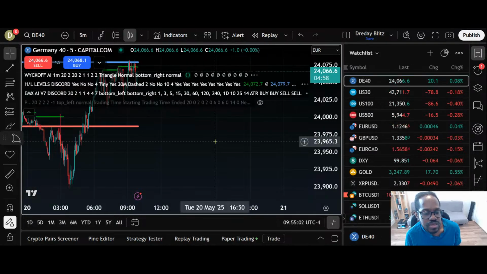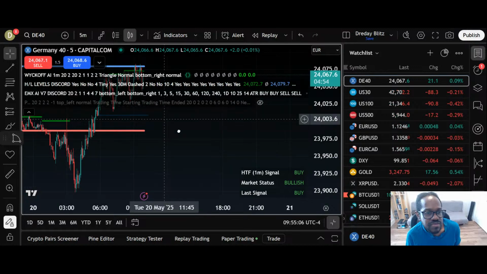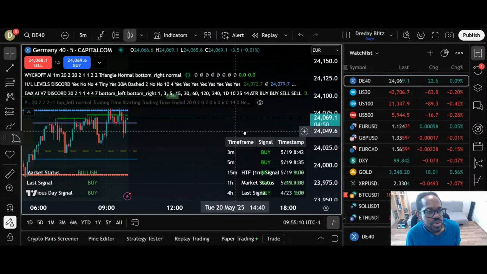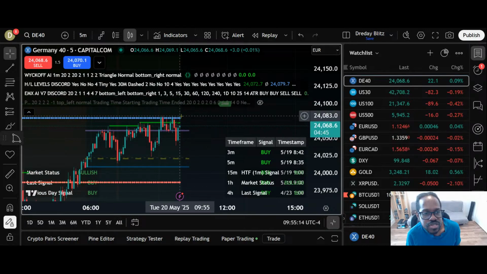All right, so let's do a quick rundown of what's happening here. We still have 5 minutes left before the end of this session. So we have German that is officially reversing.